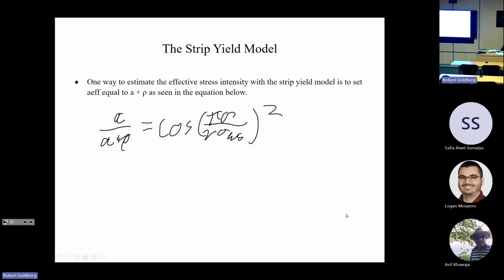If we apply this definition, our fundamental definition is that our effective stress intensity factor is equal to sigma times the square root of pi times (a plus rho).